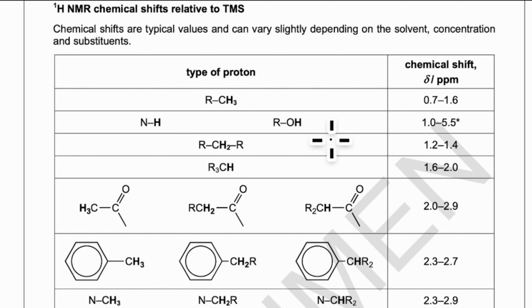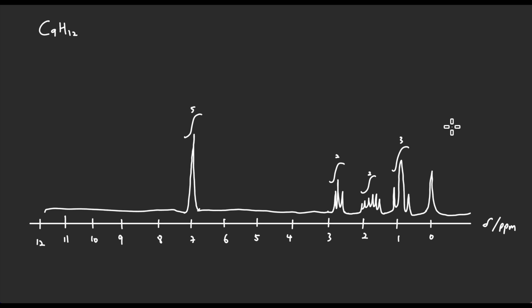It's not easy, but I will guide you through how to do that. Here's how the question looks, and you will always see a peak at 0, which is the reference, called TMS, tetramethylsilane. The hydrogens in this compound are in exactly the same environment and give us one peak. That's why you will see 0. We set it as a reference, so everything is based on this compound.